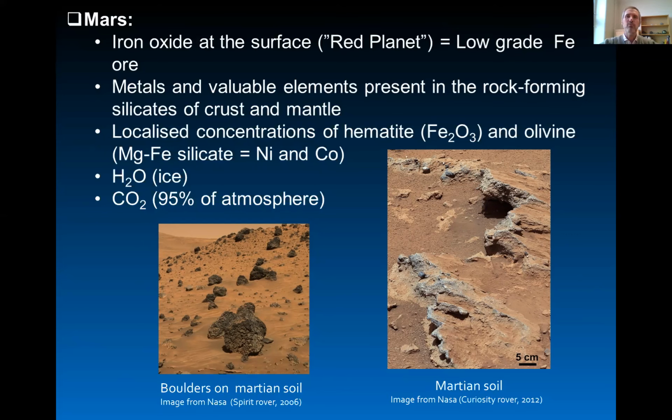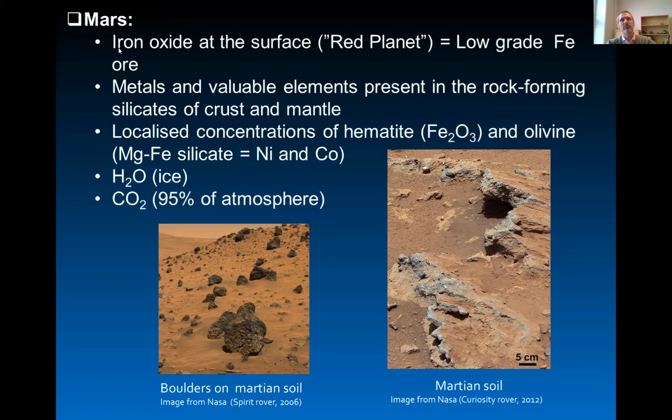We have magmatism which is younger than 200 million years. So because we have magmatism, we expect formation of ore deposits, but we have also a thin atmosphere. That means we have weathering of the rocks on the surface.